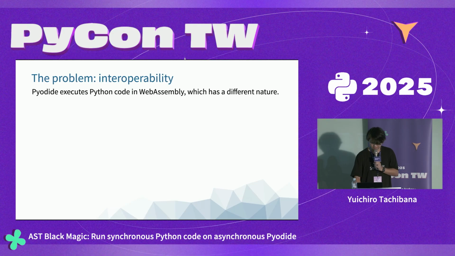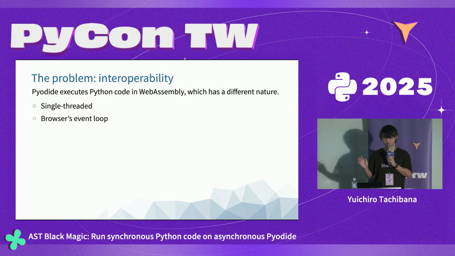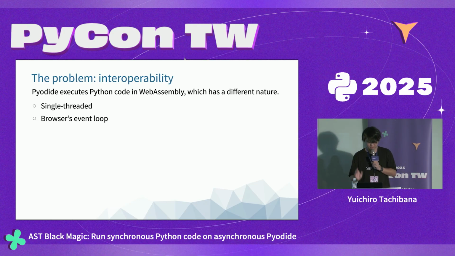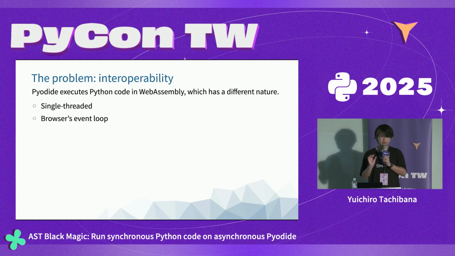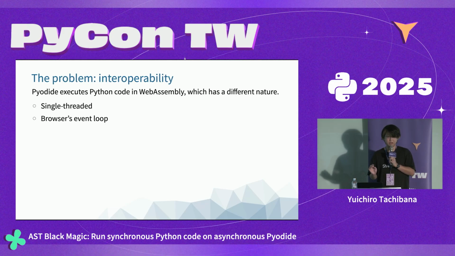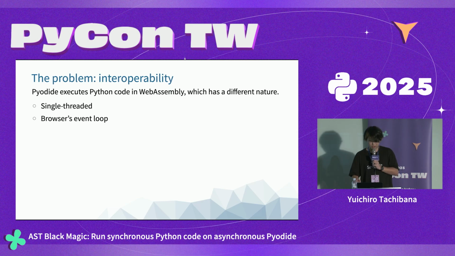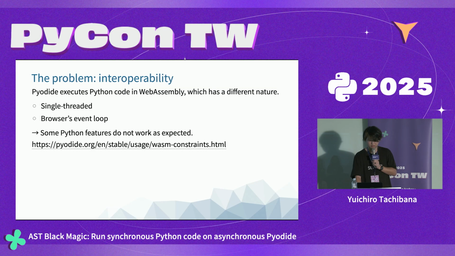It has some differences. For example, its environment is single-threaded, and there is only a single event loop managed by the browser that is already running. So due to these differences, there are some Python features that do not work on Pyodide as expected. Those are listed in its official documentation.